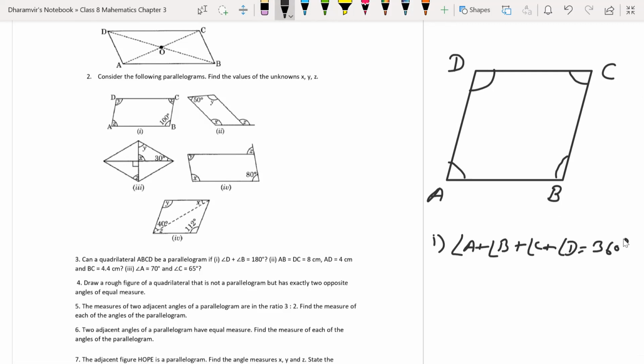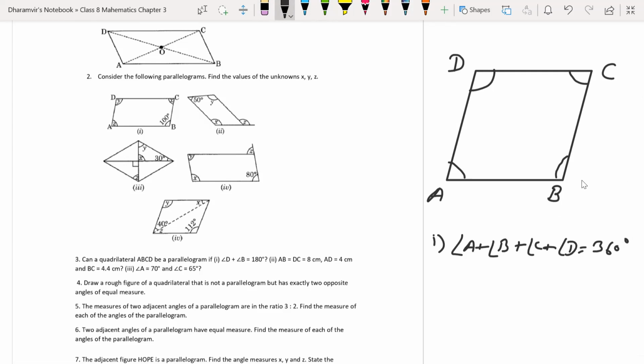Adjacent angles in a parallelogram are supplementary. Here, adjacent angles are AD, BC, or DC.